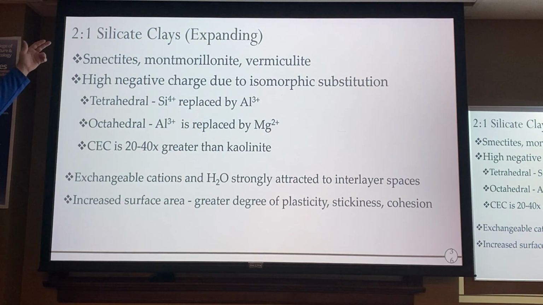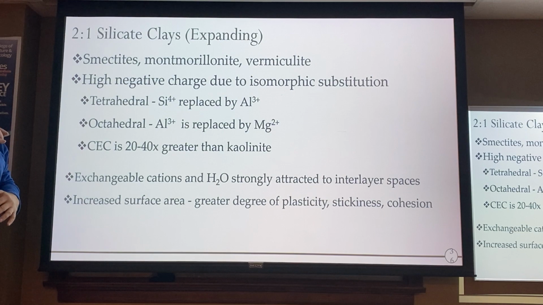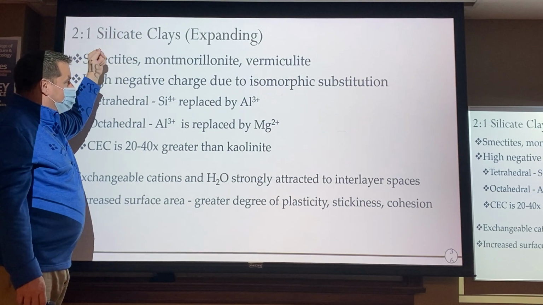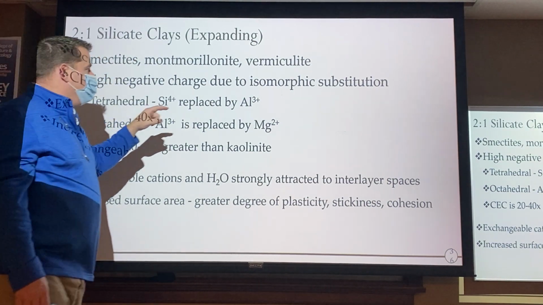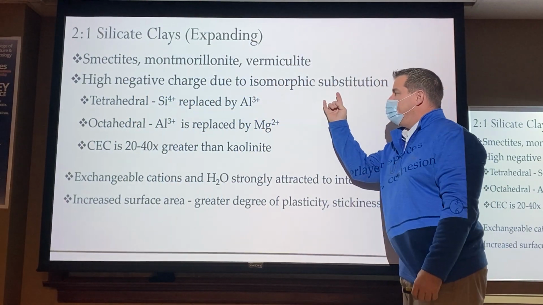Next, we have our silicate clays, which are going to be expanding, our smectites, montmorillonite. You might hear those used kind of interchangeably, montmorillonite belonging to the family of smectites. A new term here is going to be isomorphic substitution, and we'll go over that in just a minute.